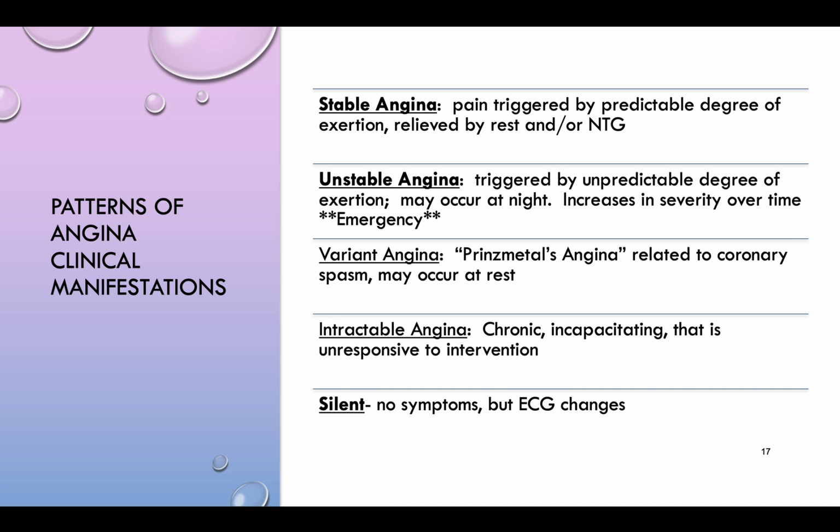An unstable angina then is unpredictable, which means it may occur in response to varying degrees of exertion, and it increases over time. Intractable angina would mean that it doesn't really get any better. It doesn't matter what the treatment is, it doesn't get any better.